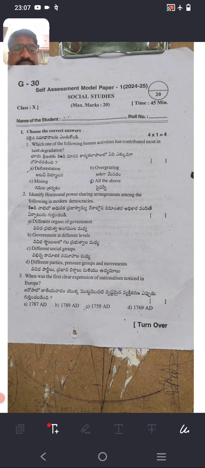The first question is which one of the following human activities has contributed most in land degradation? Option A deforestation, option B overgrazing, option C mining, option D all the above.